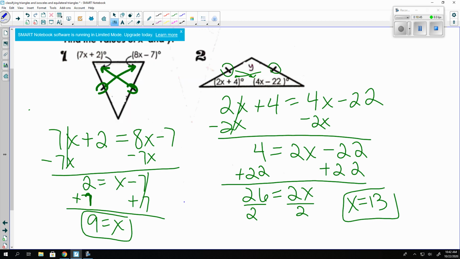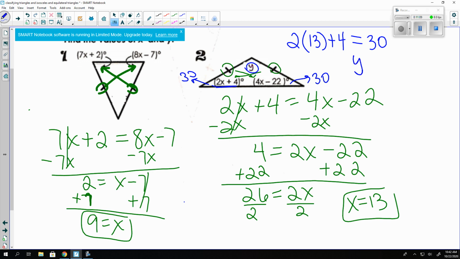Okay, so I'm going to plug 13 into this 2x plus 4. 2 times 13 plus 4. So 2 times 13 is 26. 26 plus 4 is 30. So each of these angles is 30. Now how do I find y?